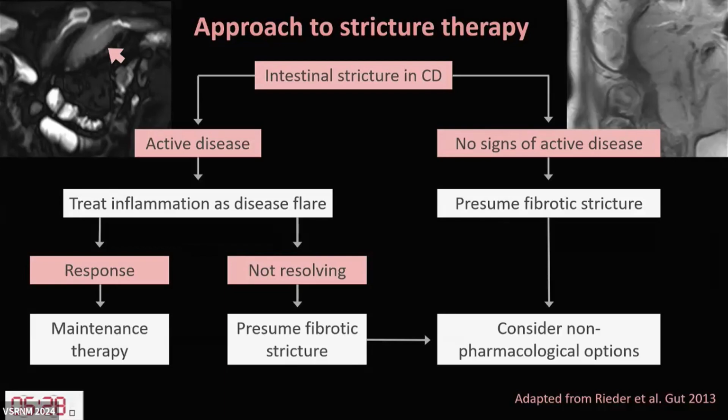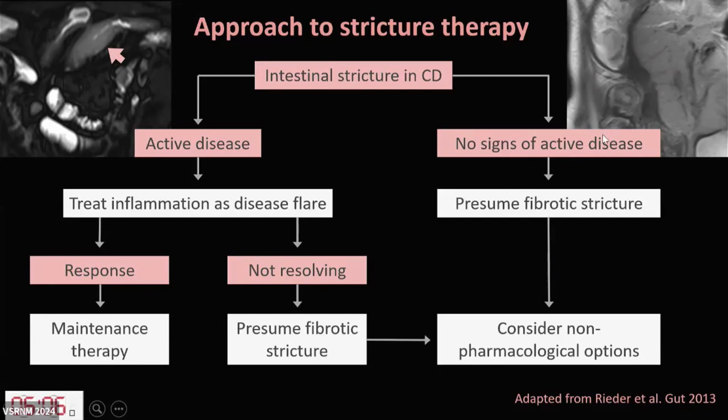So what is the current approach to intestinal stricture in Crohn's disease? First we have to identify if there are any signs of active inflammation on the images. So we look for wall edema and comb sign.